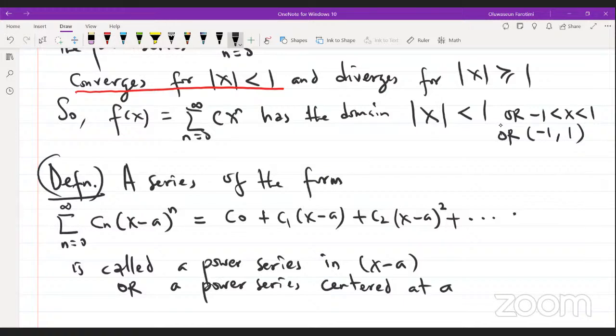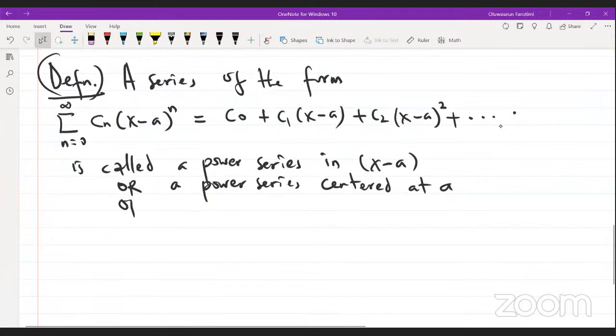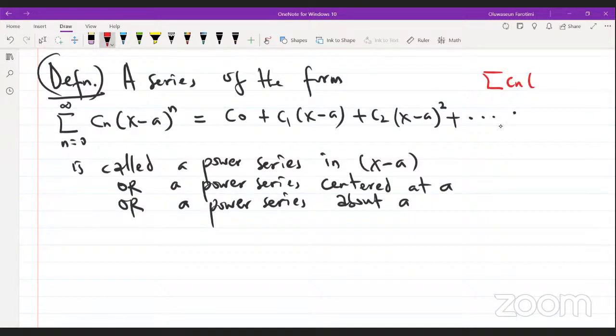We have three different ways to refer to it, or a power series about a. So what is the summary of what we're saying? If I give you a power series in x minus a, something like this, Cn (x minus a)^n, this a here is what we call the center. Take note because we need that idea. That a is what we call the center.